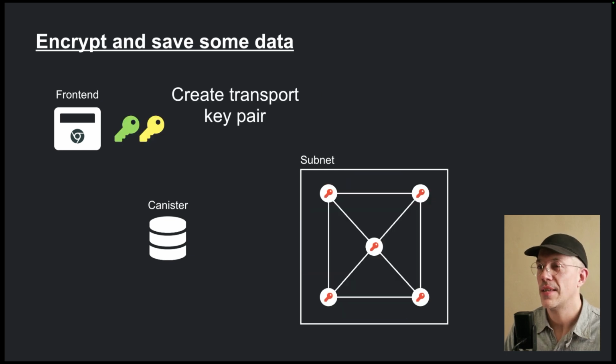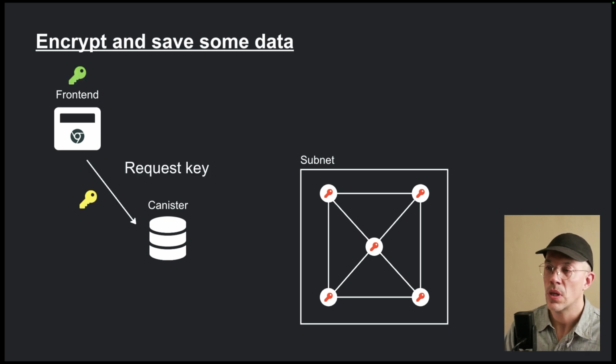In order to facilitate this safe transport of the key from the subnet to the front end, we create a transport key pair, where this green key represents the private key, and the yellow key represents the public key of this pair.